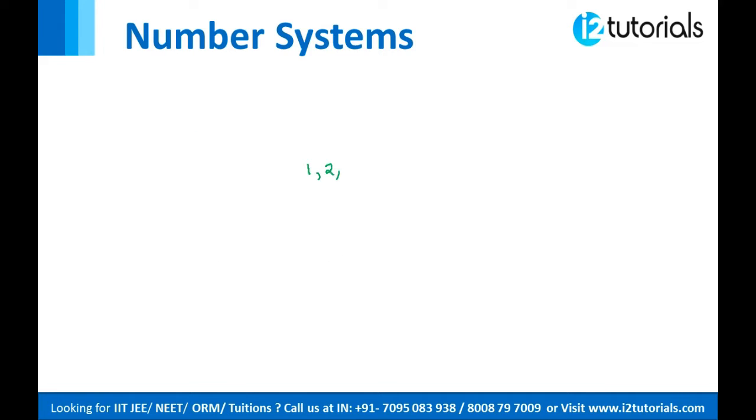1, 2, 3, 4, 5. All these numbers can be considered as natural numbers. These are all natural numbers.